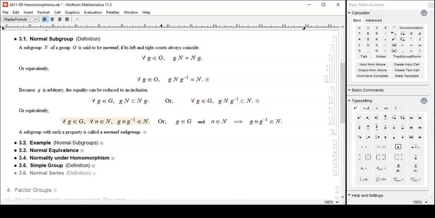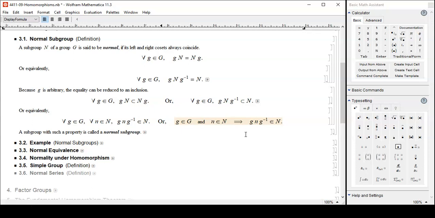The arbitrary element here is g n g inverse, where g is arbitrary from G and n is arbitrary from N. So that's the key: g n g inverse, does it belong to N? Now you can rewrite like this as well, using the double arrow: if g belongs to capital G and n belongs to capital N, then g n g inverse belongs to capital N.